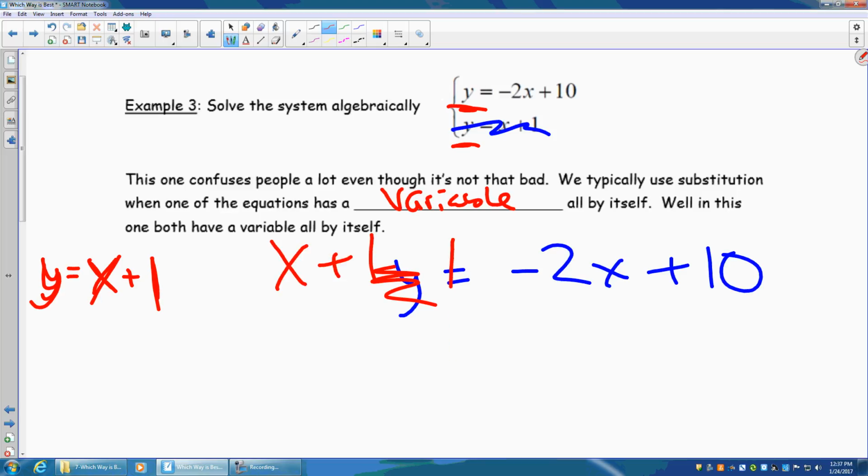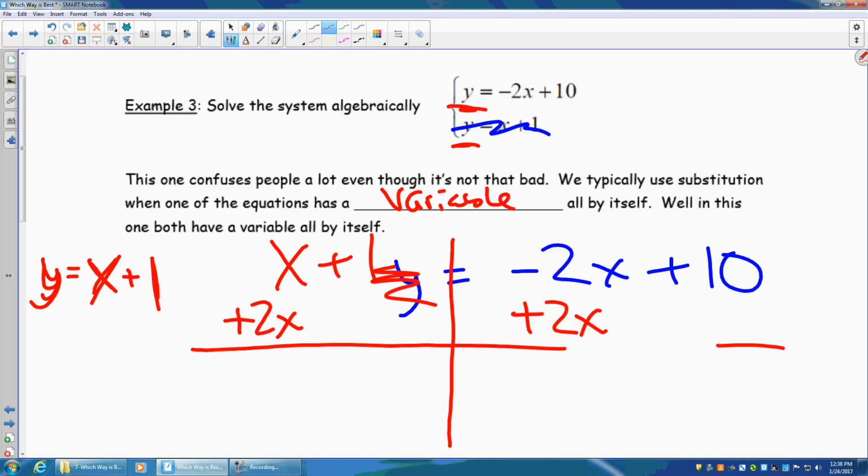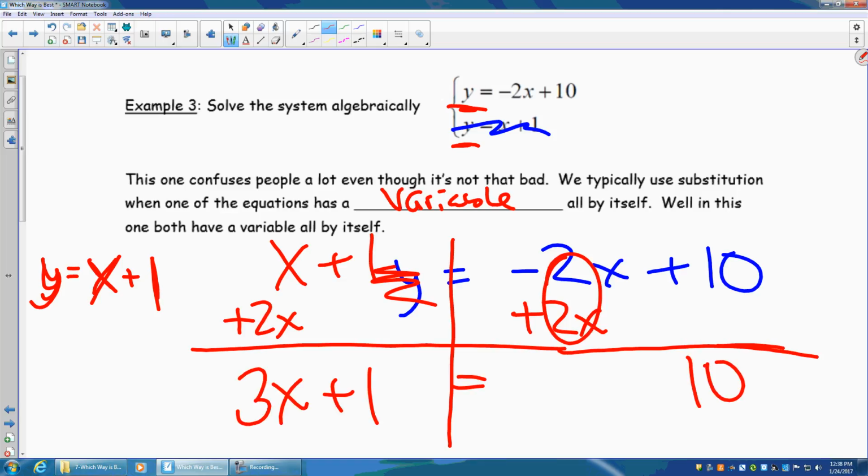So now when I try to solve this, what should I do if they're on both sides like that? Can I put them together and say negative 1x? Well, obviously not. They're on opposite sides. I'm going to add 2x on one side. Does everyone see why I added 2x and not minus 1? Then I end up getting 3x plus 1 is 10, which should be super easy.